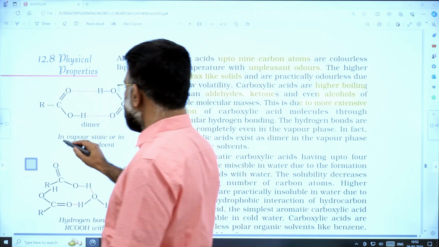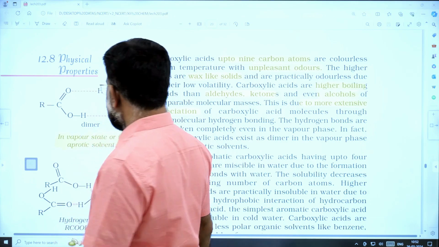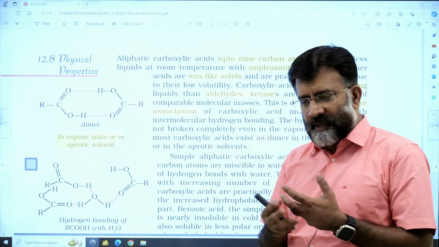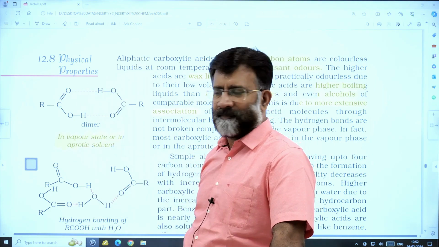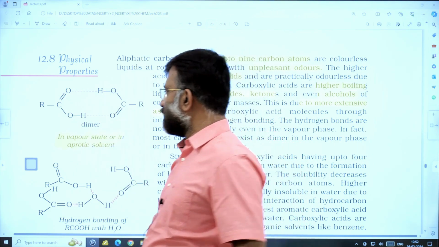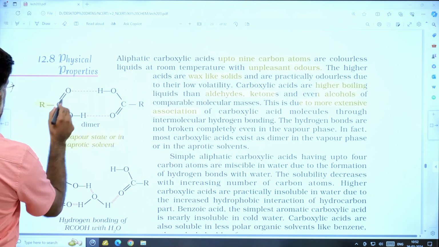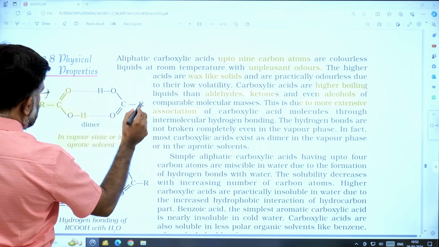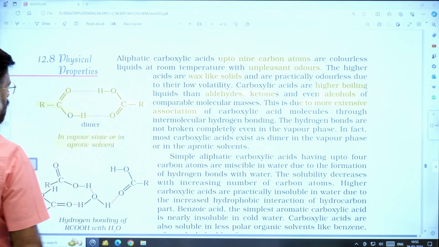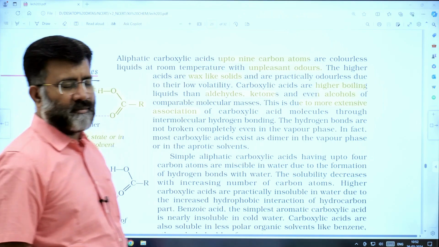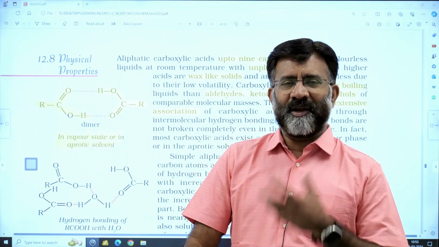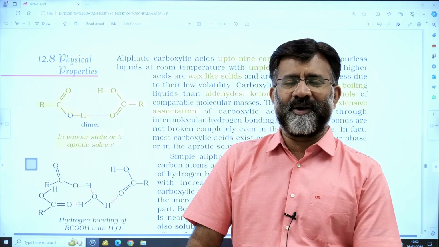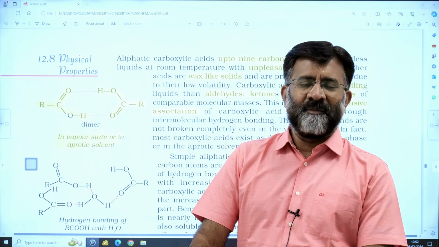Don't you see? Even in the vapor state, especially in organic solvents, it undergoes such an association. You see two carboxylic acids getting associated. RCOOH associating with RCOOH by hydrogen bonding, forming a dimer. When it makes a dimer, the molar mass increases, the size of the overall molecule increases, attraction increases, boiling point increases.